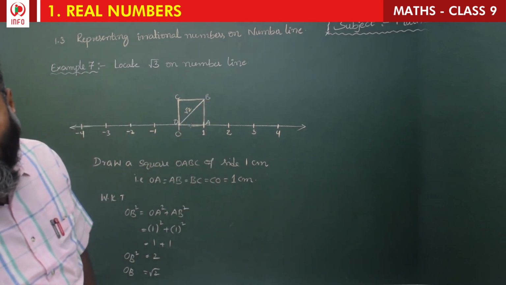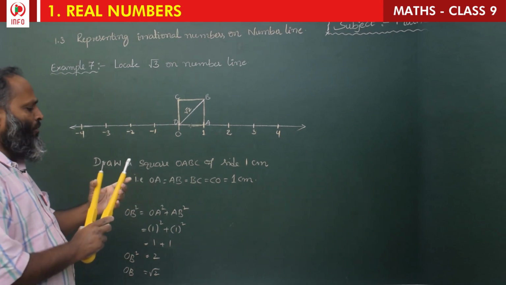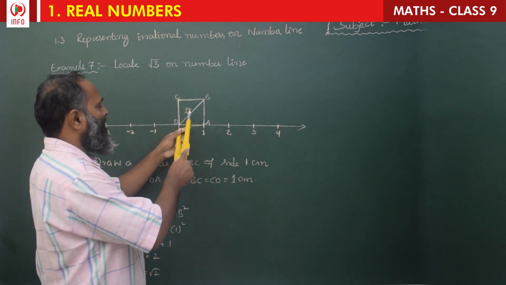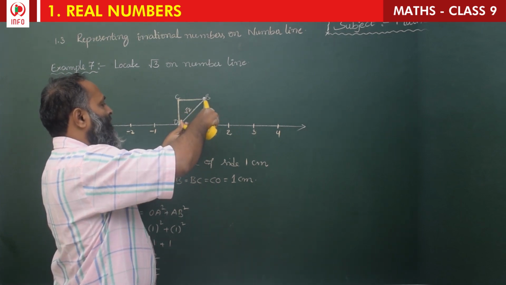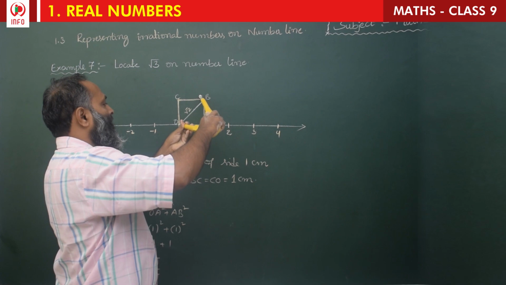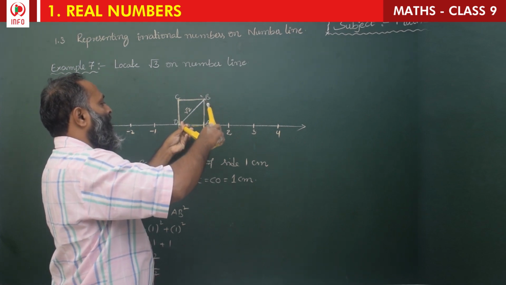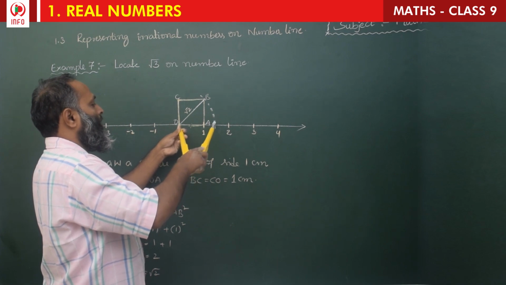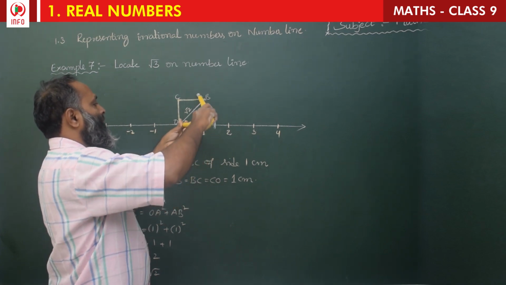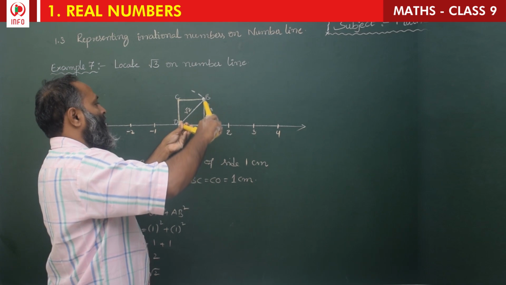So now what to do? With O as the center and OB as the radius, draw an arc.